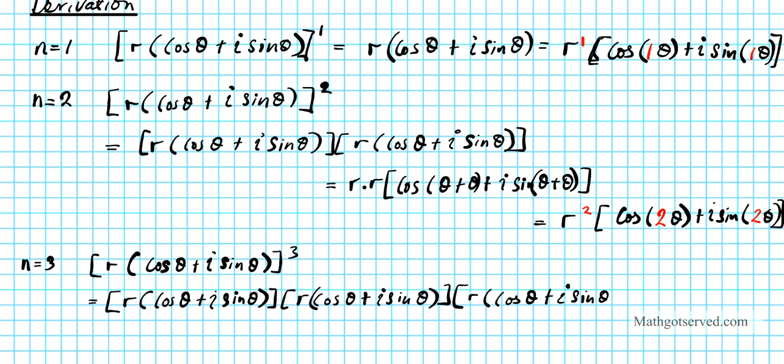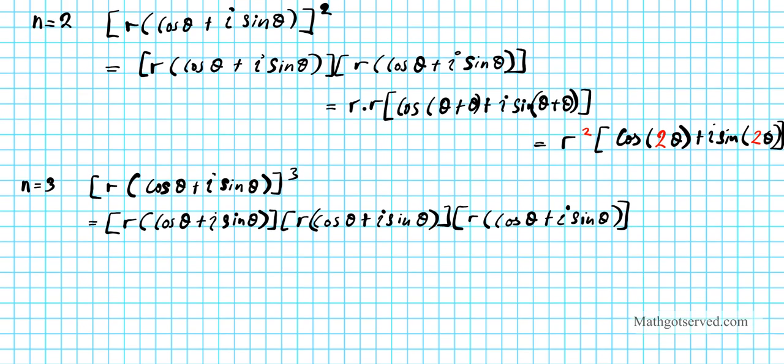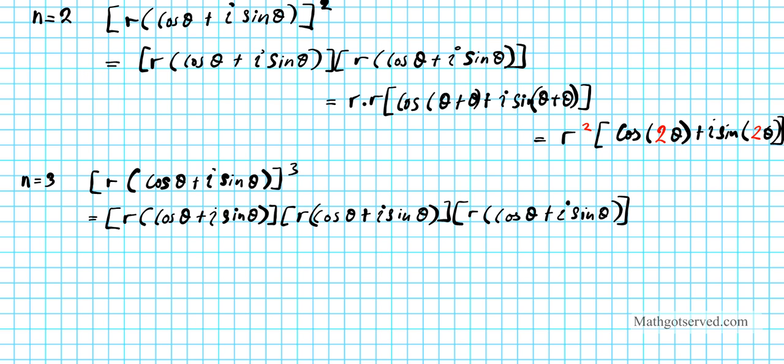Okay, now how do we simplify this? We're going to use the same product formula that we talked about earlier. If we do that, that's going to give us r times r times r, multiplying the 3 radii, times cosine of theta plus theta plus theta, plus i sine of theta plus theta plus theta.